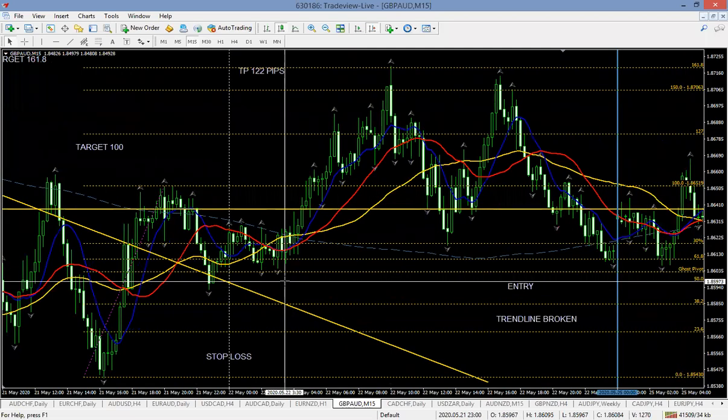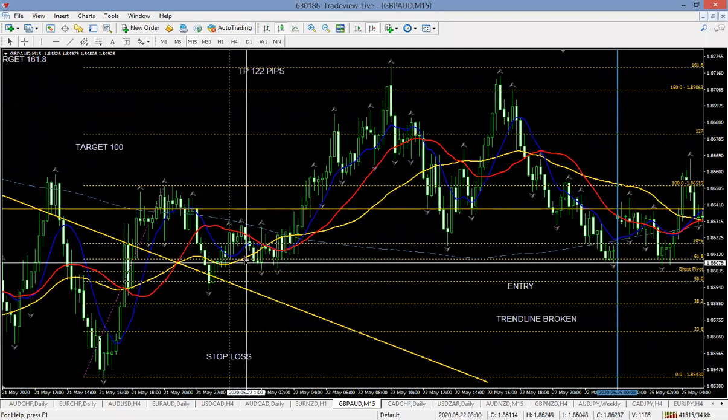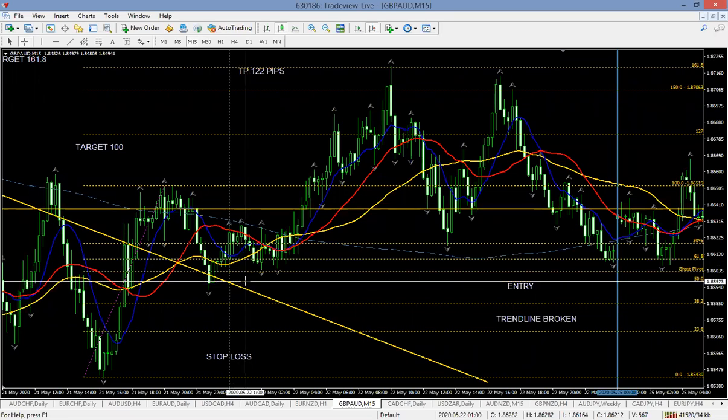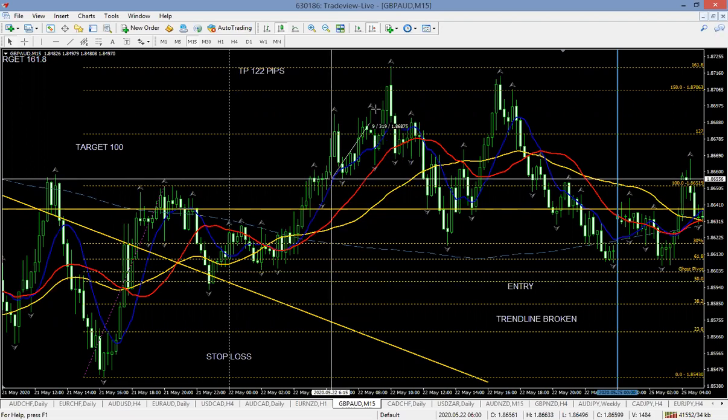Now there's your entry. If you wait for the engulf above it, you could have got in here, right? Typically, pending order, I'm in. And if you went to the 161, it just about made it. It's 121 pips. Okay, break of the 100 fib, candle above it, pull back into it.